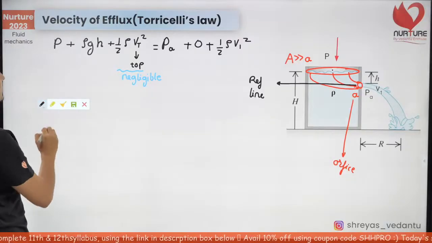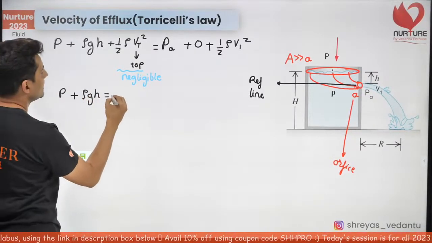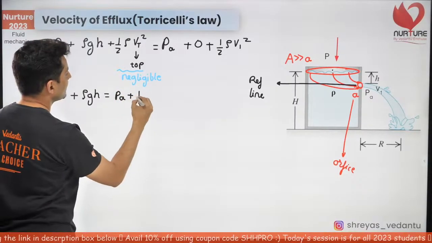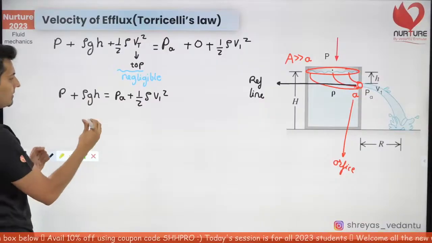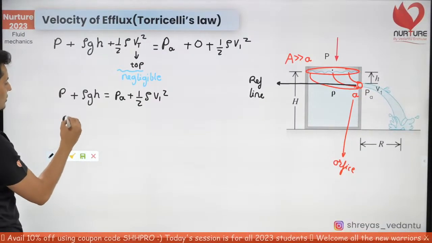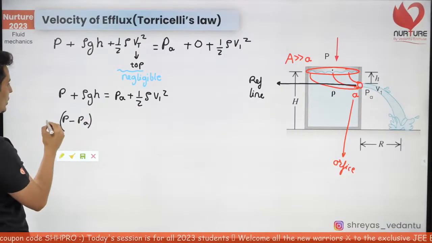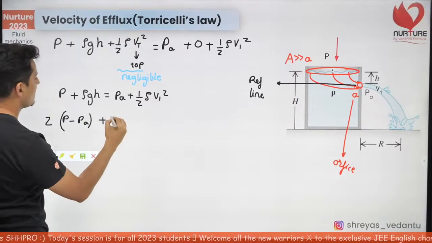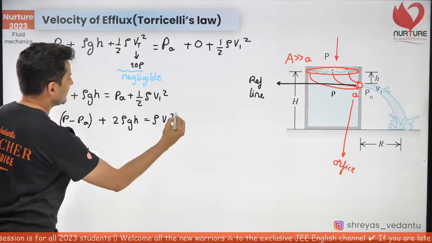Okay. So just do the math. You'll get P plus rho GH is equal to PA plus half rho V1 square. So turn the terms around. Bring PA over here, so P minus PA, and multiply by 2, plus 2 times rho GH is equal to rho V1 square.